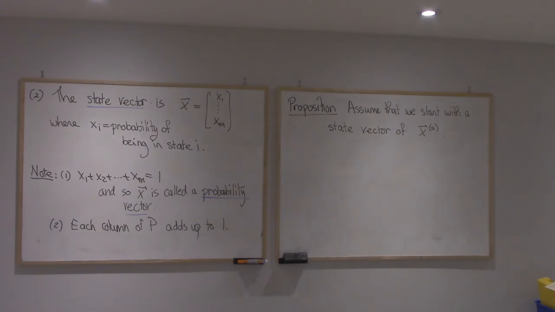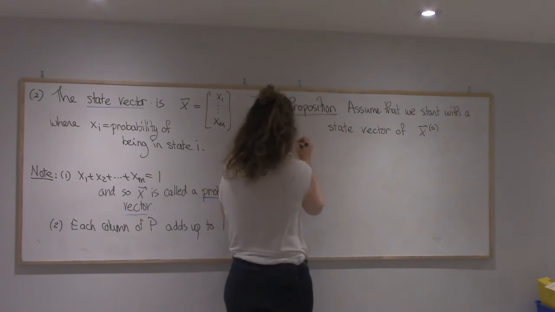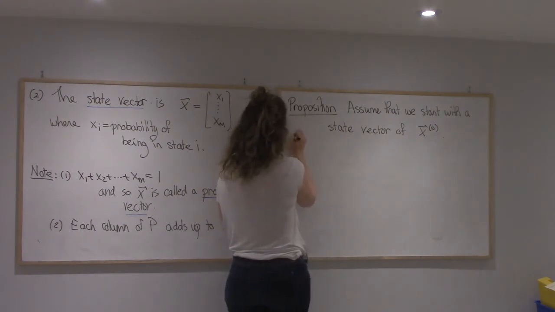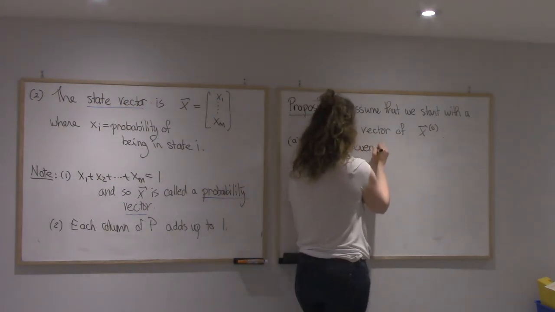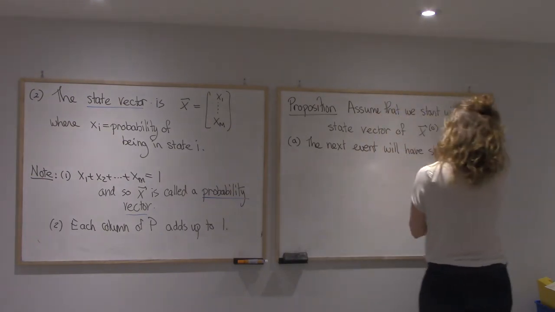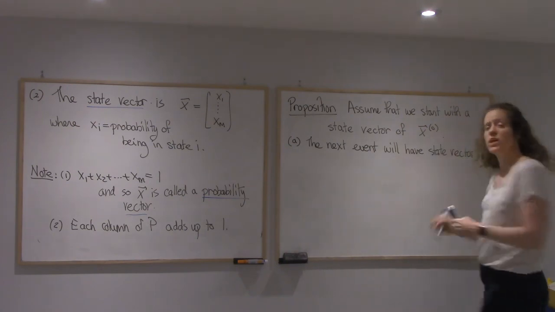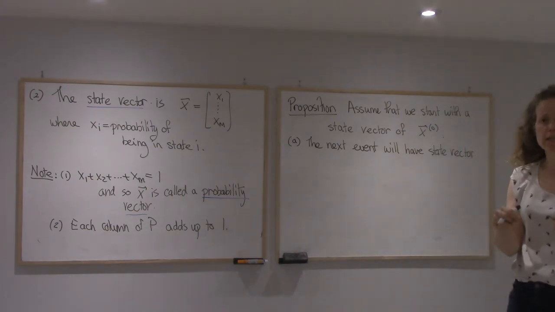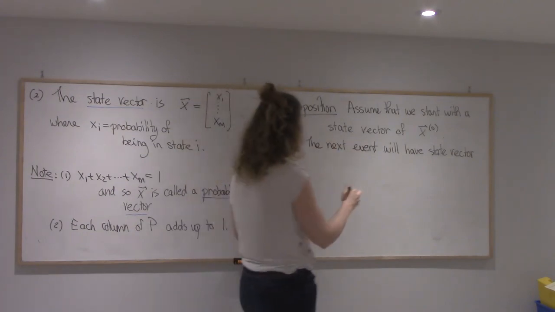Then after one iteration, so the next event, well, we can compute all the probabilities of the next event being in state 1, state 2, state 3 in one computation.